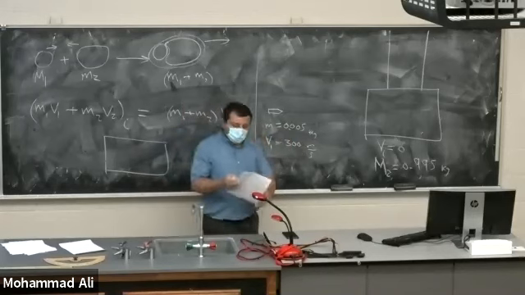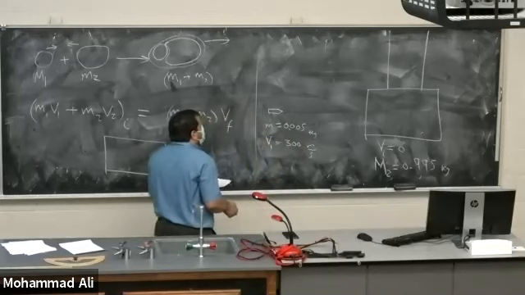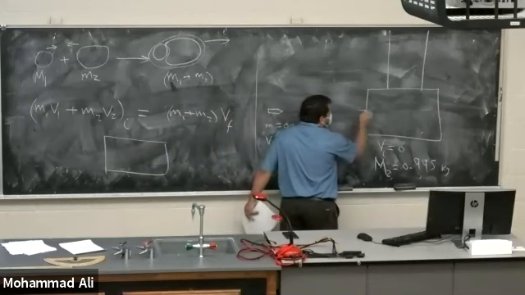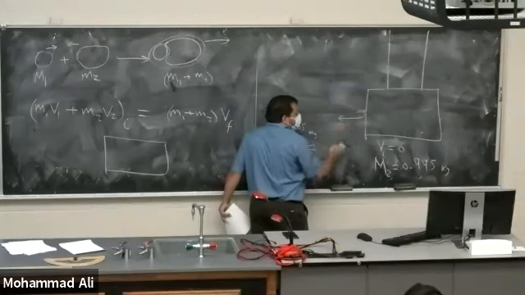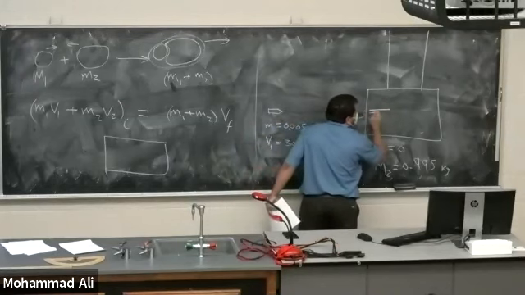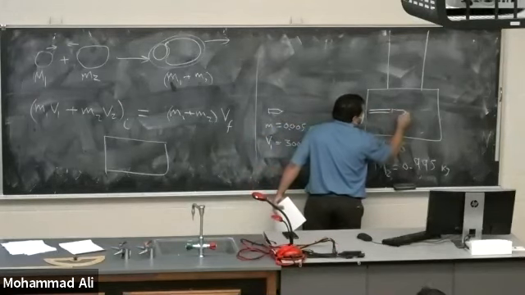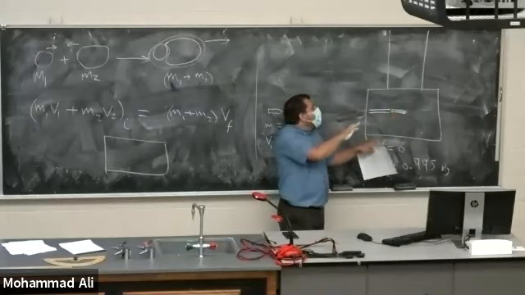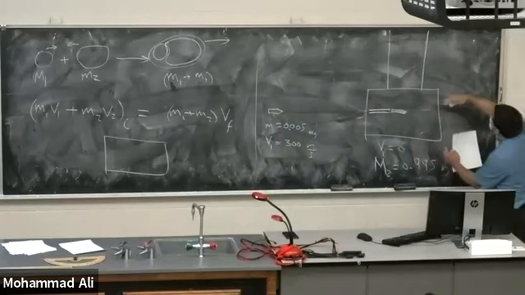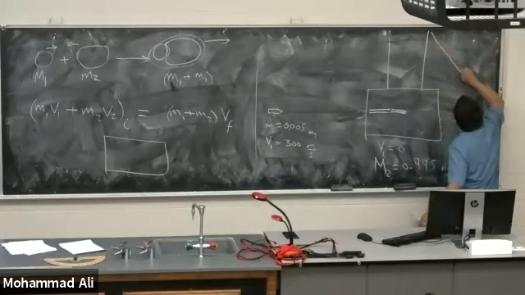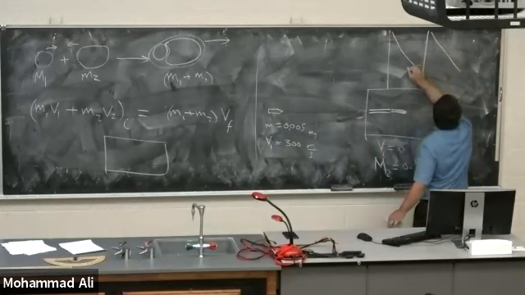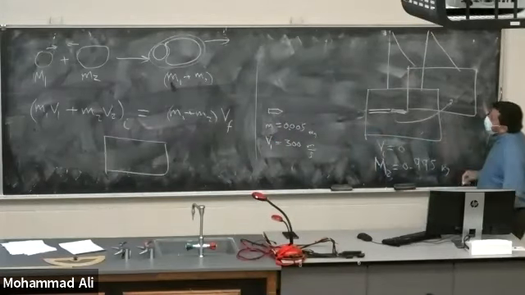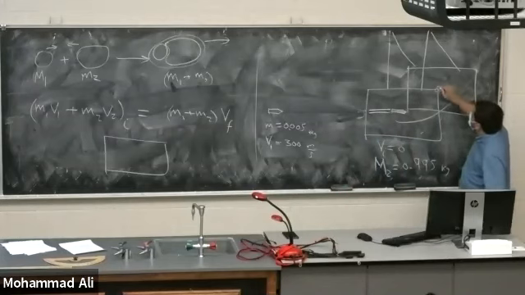It is not 1 kilogram, it is a little bit less by 0.005 because I need to make the calculations simpler. After this bullet goes inside this box, it will not hit the box and go back. It will go inside the block, and it will stay inside it. And this system will move like this, and the bullet will be here.